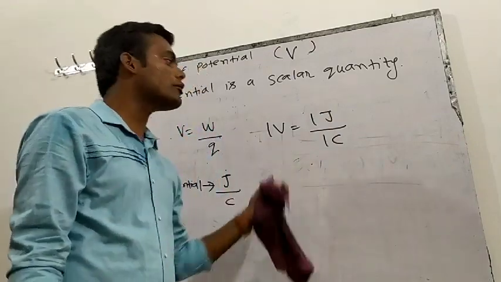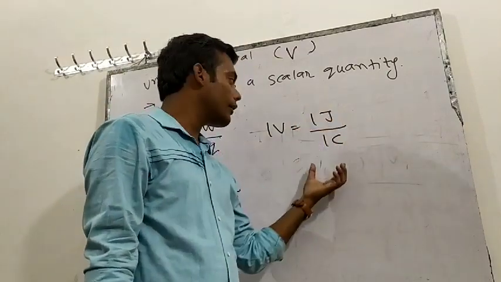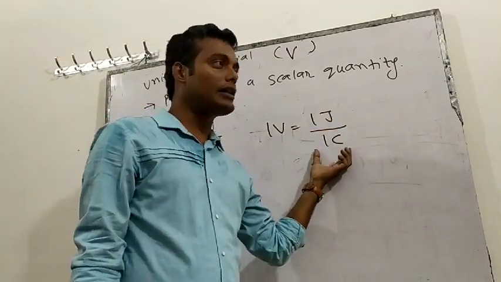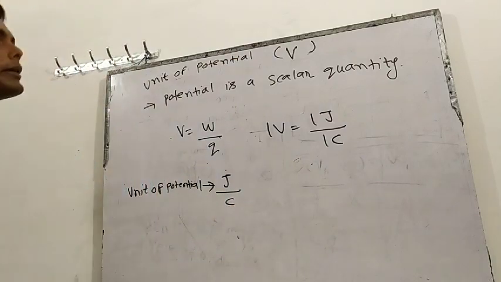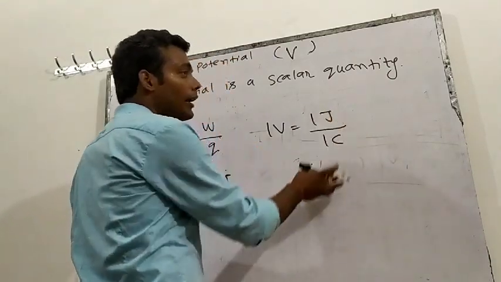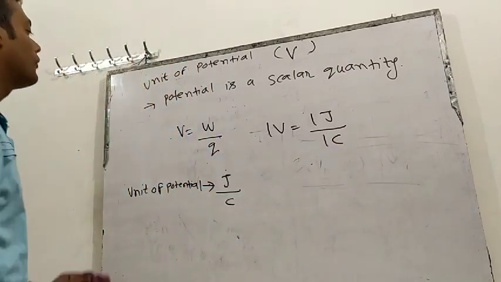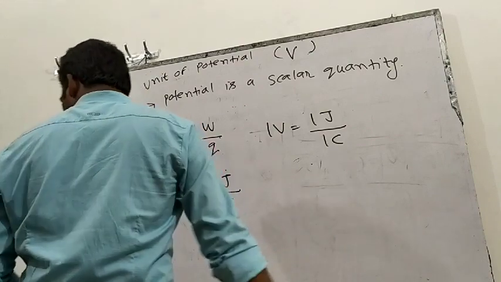If we have to do 1 joule of work for moving 1 coulomb of charge, then the potential will become equal to 1 volt.